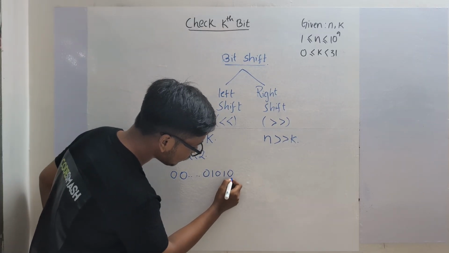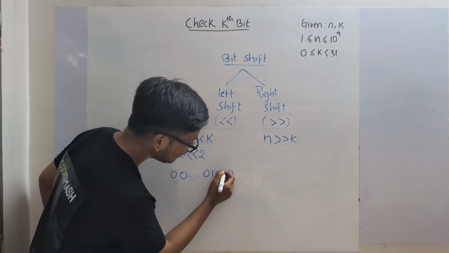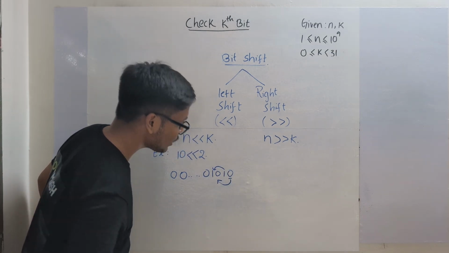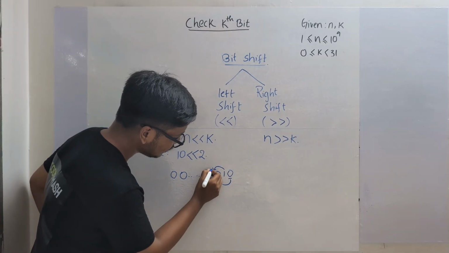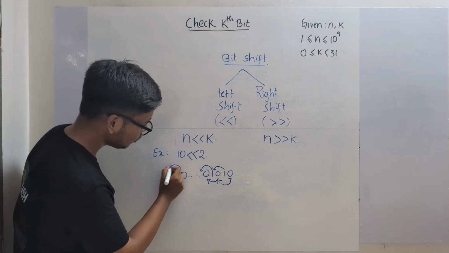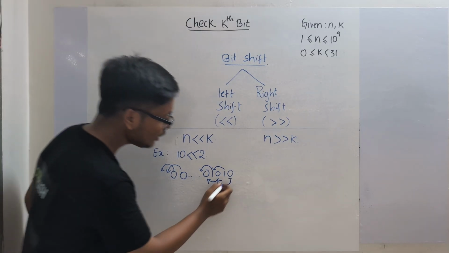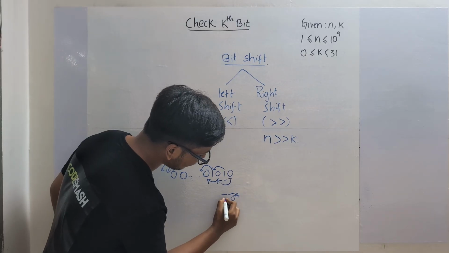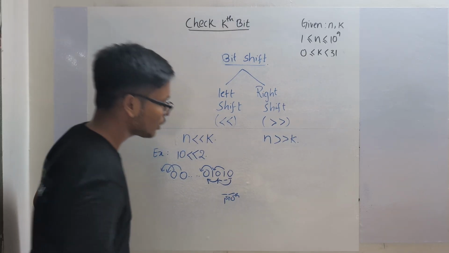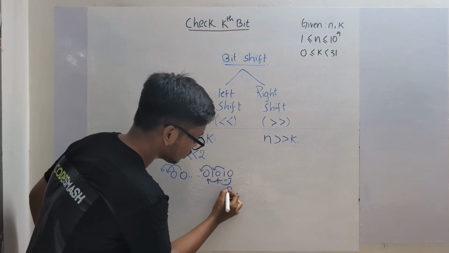So the 0 at the 0th index will go to the second index. The 1 in the first index will go to the third index, and in a similar way for the rest, and the two leftmost zeros will go outside. The 0th index and the first index will get empty, so we have to fill these two indices with zeros.